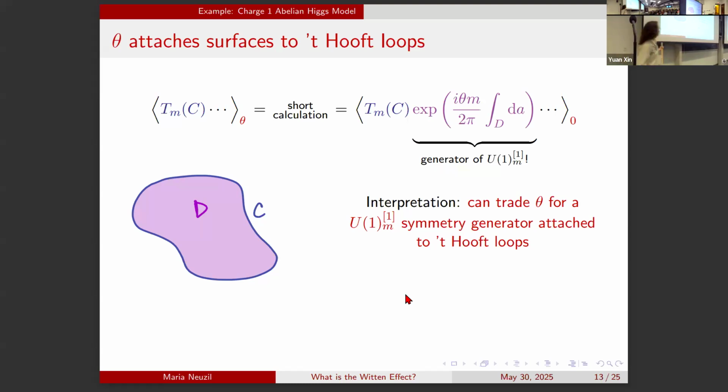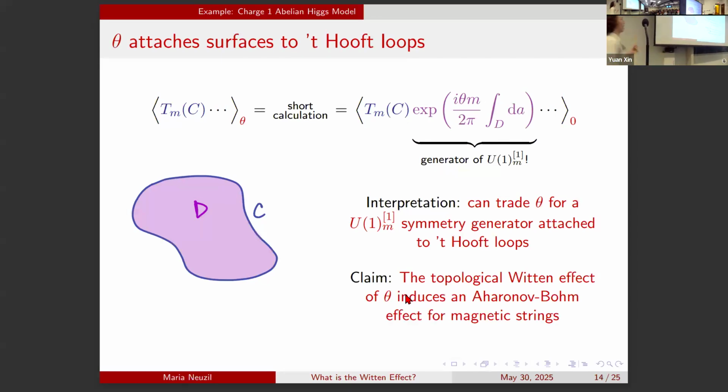And if you look at this operator for a second, you'll notice that this operator is precisely the generator of the one-form magnetic symmetry, the surface operator. So the interpretation is you can trade theta for attaching a topological surface to your 't Hooft loop. And the physical consequence of this is that the topological Witten effect induces Aharonov-Bohm scattering effects for magnetic strings.